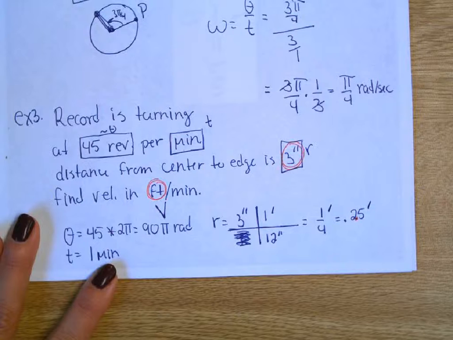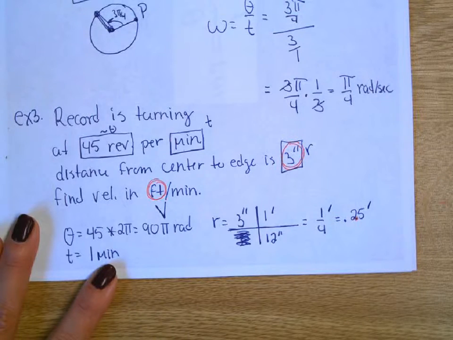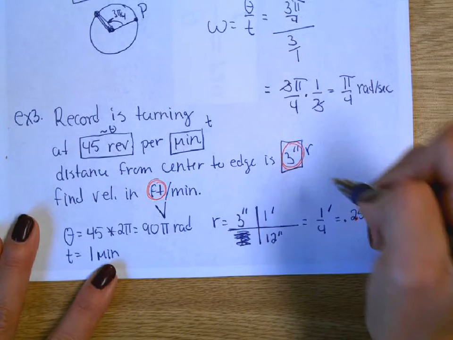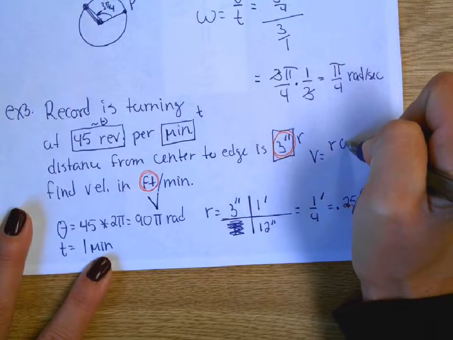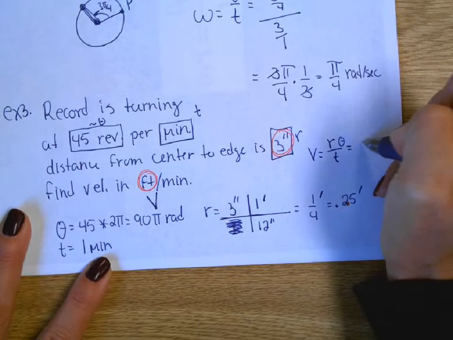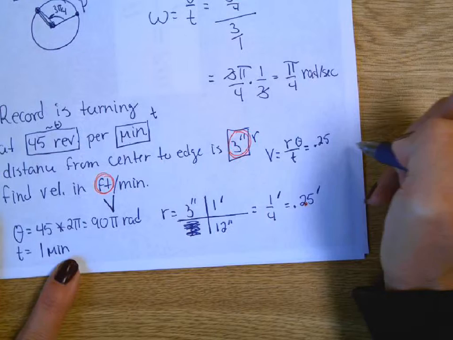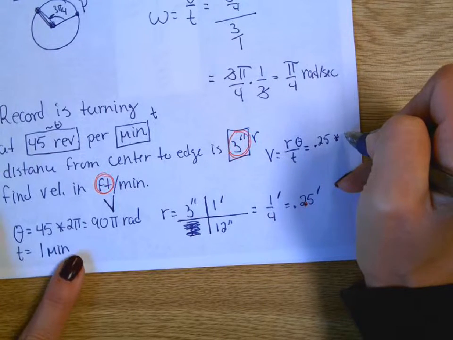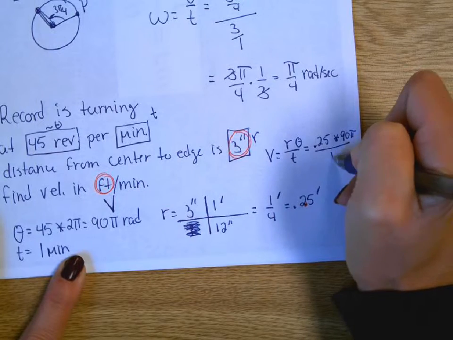Do we have everything we need to find big V? Yeah. I got R, I've got theta, I've got time. Now it's just a simple plug and chug. So big V equals R times theta over T. R was the 0.25. Theta we found to be 90 pi. And time was 1 minute.